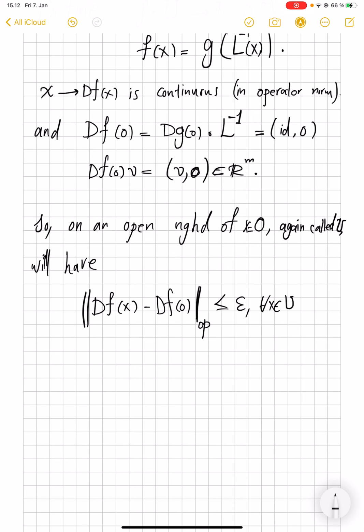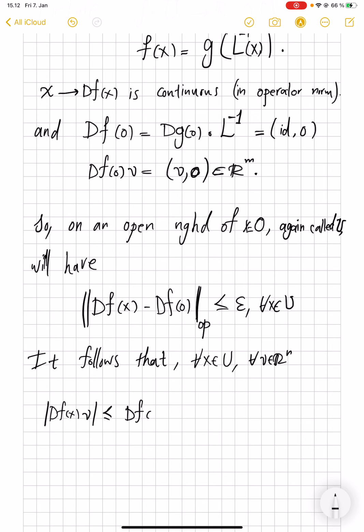So then what follows is that for every x in U and for every vector V in Rn, the norm of dfx applied to V is less than the norm of df0 applied to V plus the norm of dfx V minus df0 V. That's just the triangle inequality.